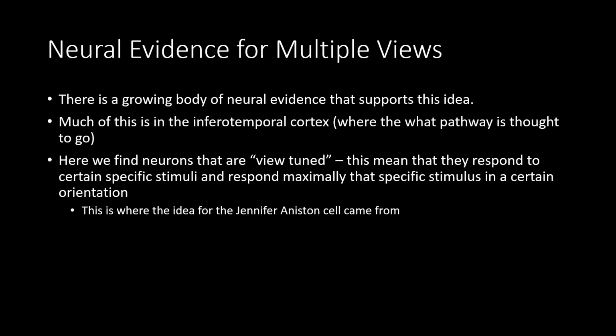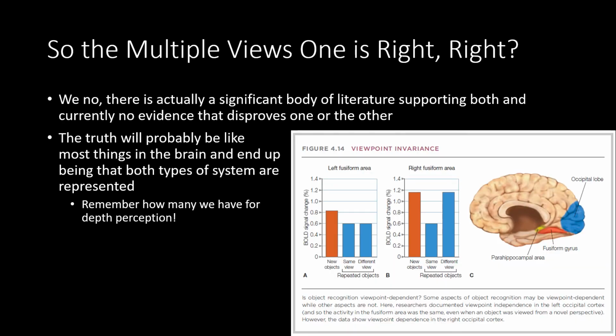So does that mean the recognition via multiple views is correct and the recognition by components is not? Well, not quite, because there's also literature that supports the other side. In fact, there are even studies that show evidence for both things at the same time.